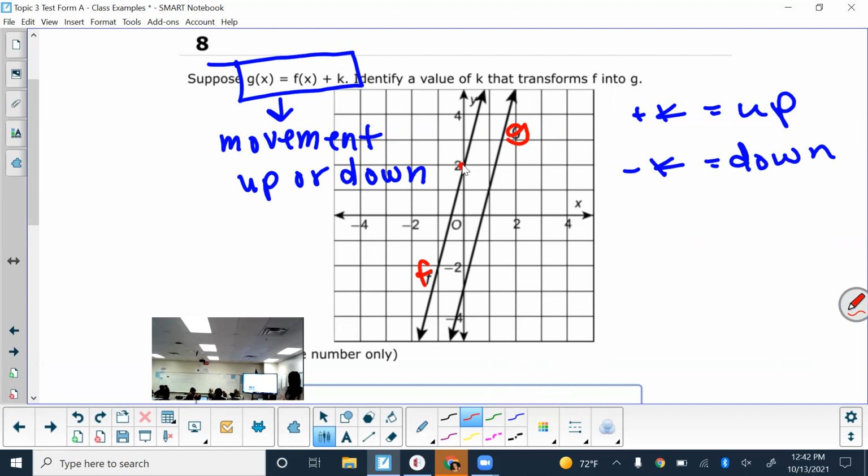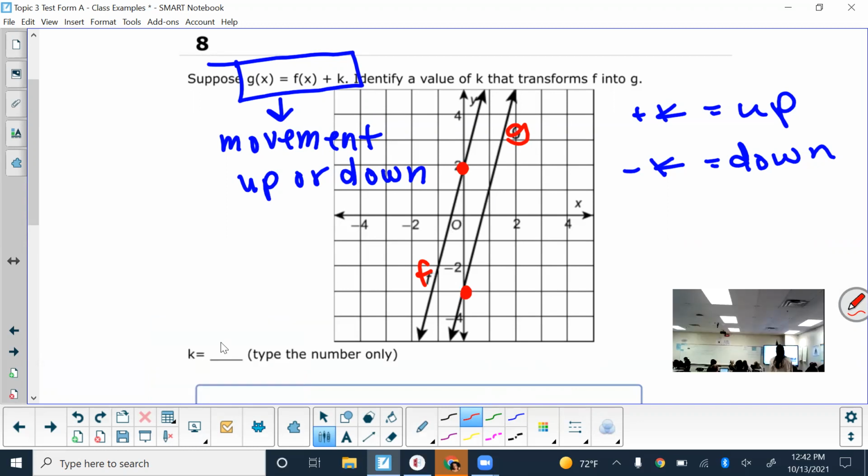So here's the y-intercept for f, here's the y-intercept for g, and we're moving down from f to g, so k should be a negative number. And we're moving down 1, 2, 3, 4, and 5. So k is -5. Questions about that? All right, so just count it. I think the y-intercept is a good place to count it.